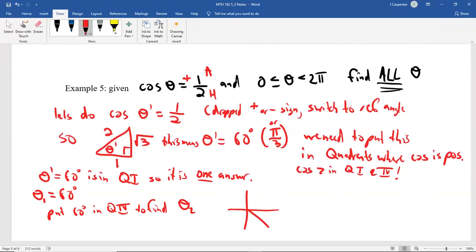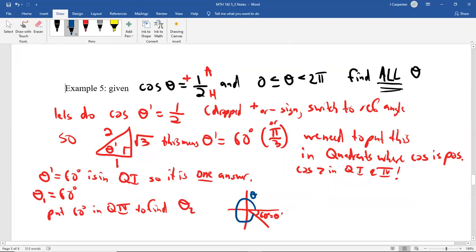Now our 60 degrees is a reference angle. Remember, we swing from the x-axis. So this has to be our 60 degrees. So that was our reference angle, theta prime, which means the real angle would be this. This is the actual angle that would put us in quadrant 4.